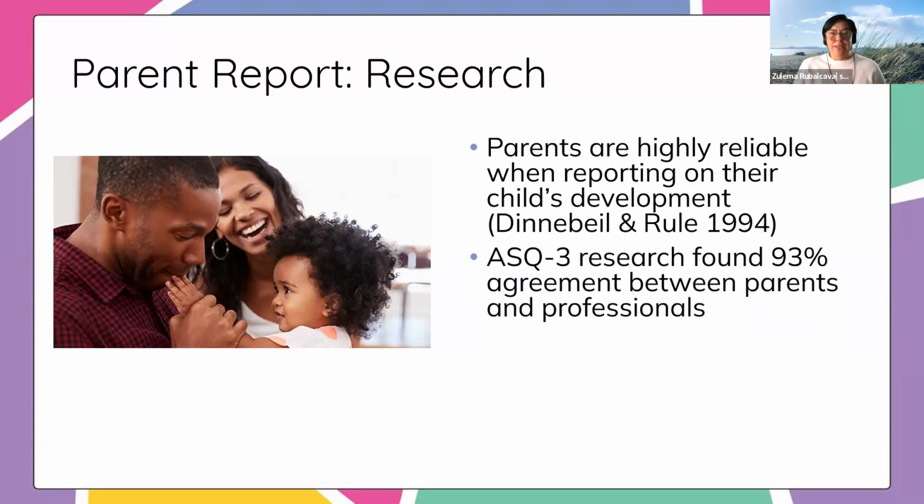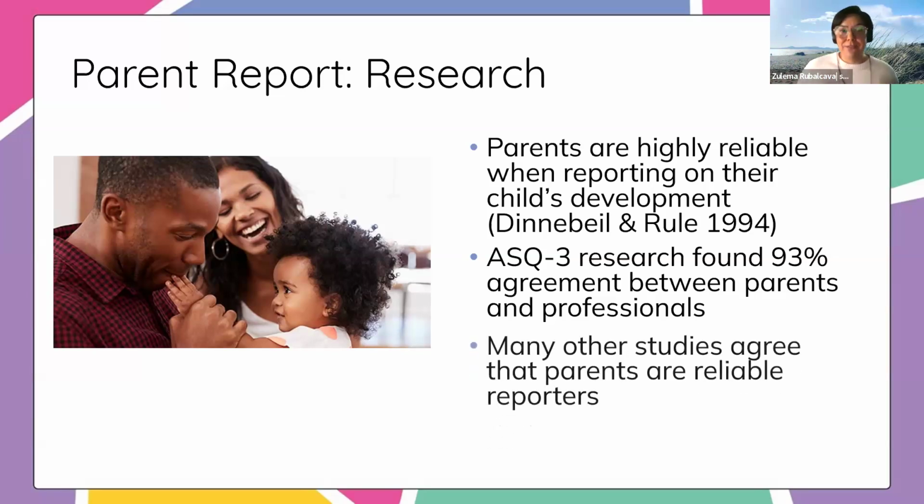ASQ-3, the research around this, found that there was a 93% agreement between a parent and professional. So when they were doing their research around the ASQ, they had the same child and they had a professional do an ASQ and the family do an ASQ. And when they compared those two, they found that 93% of the time they were pretty right on. They were basically the same, right? 93 is a really high reliability percentage.